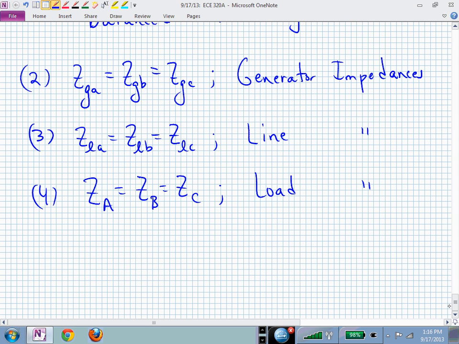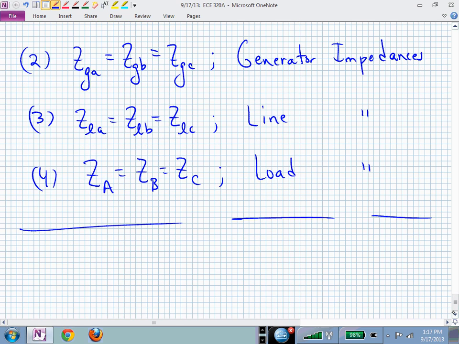That now gives us a balanced three-phase system. Under those operating conditions, or with those properties in our system, let me state the following fact.